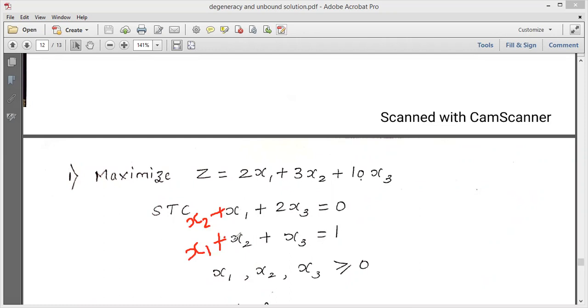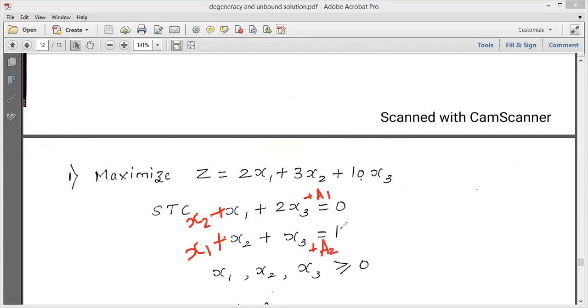If this is the case, then here we cannot treat any of the variables as a slack variable, because all the variables x1, x2, x3 are available in the first constraint. Again, x1, x2, x3 are available in the second constraint. In that case, what we do is we usually add an artificial variable.